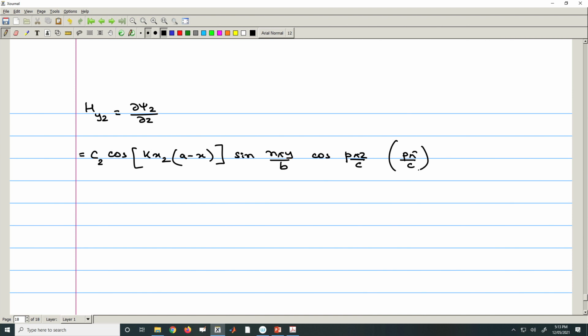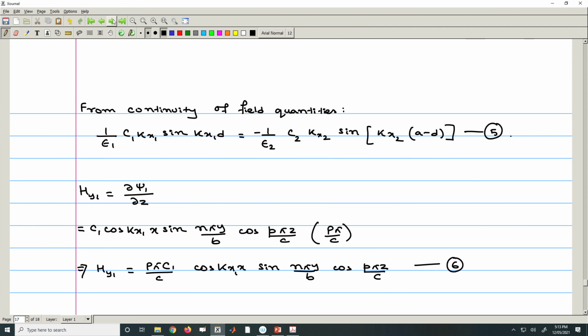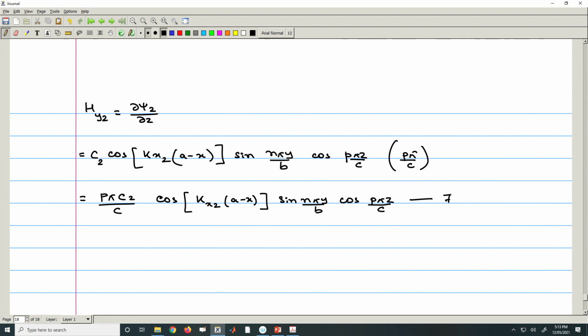So, therefore, we can write this like, so we have p pi c2 upon c cos of kx2 a minus x sin of n pi y upon b cos of p pi z upon c. So, this is hy2. We will give this as equation number 7.